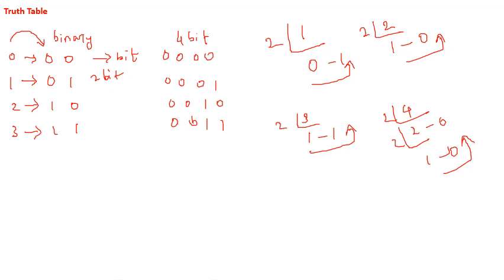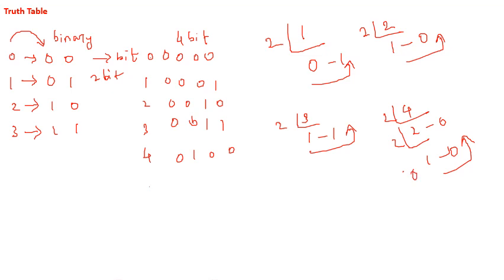So for 4, this is 0 1 2 3, and the fourth one is 0 1 0 0. From this you can understand that for the fourth you write 0.